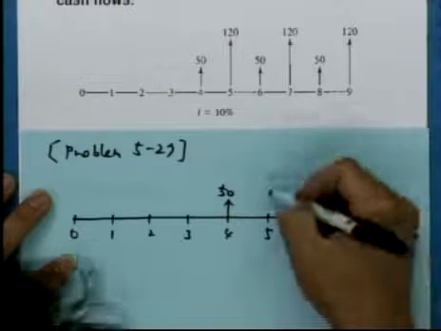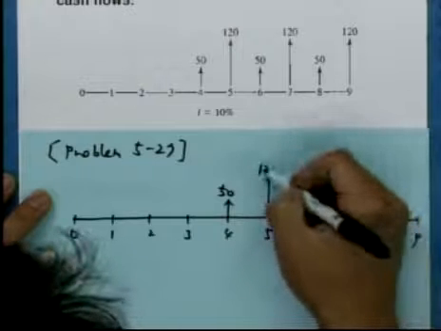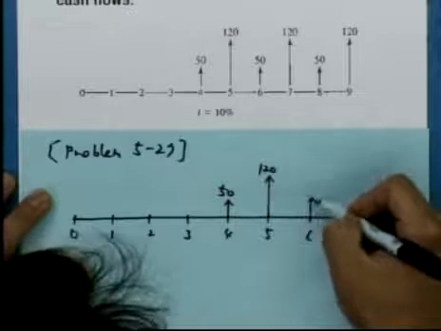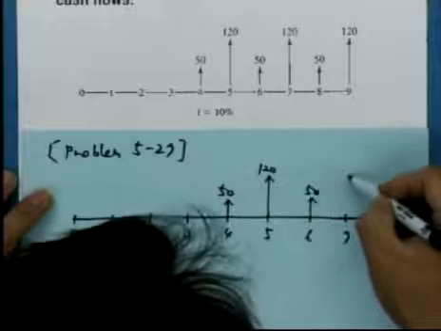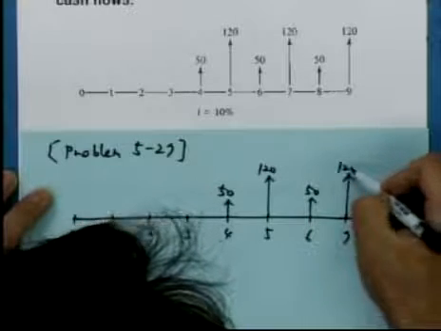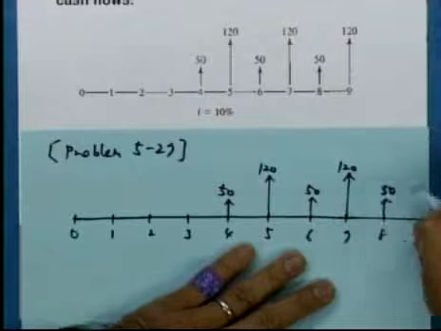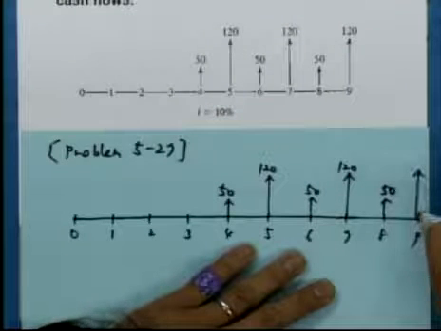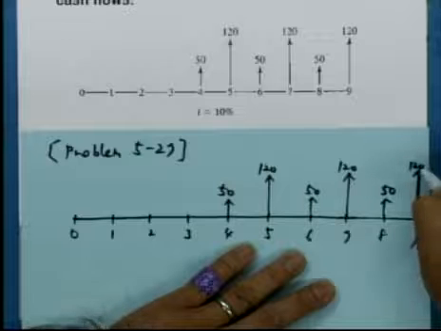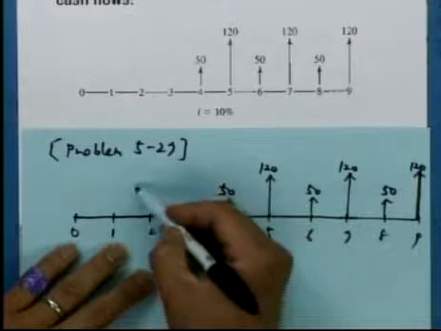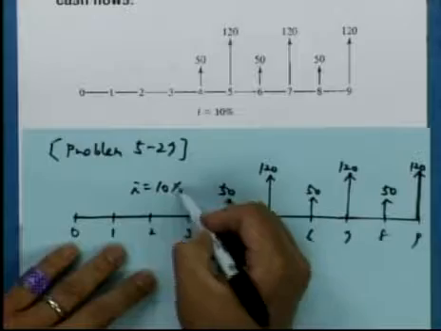$50, $120, $50, $120, and then 50, 120. And we are using 10% of interest rate.